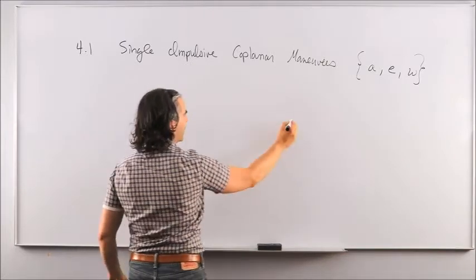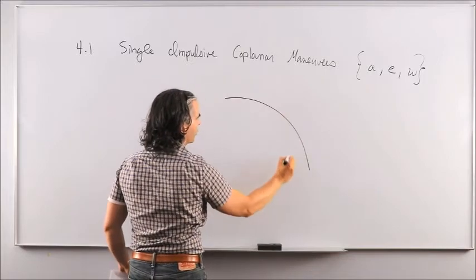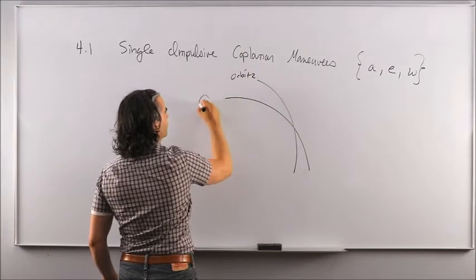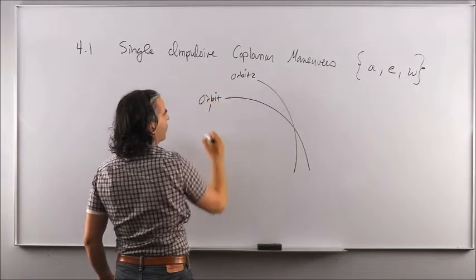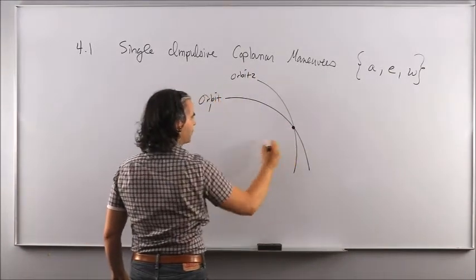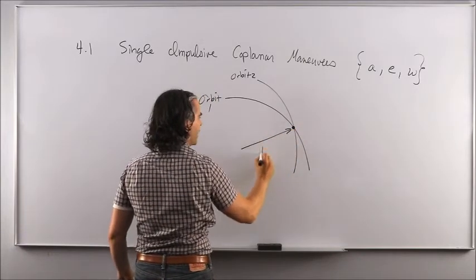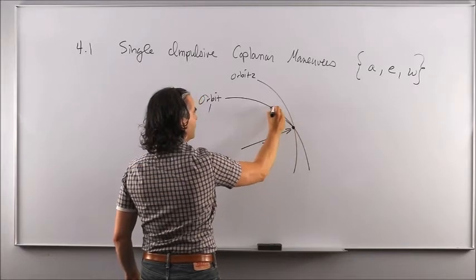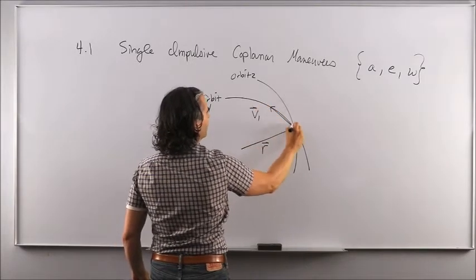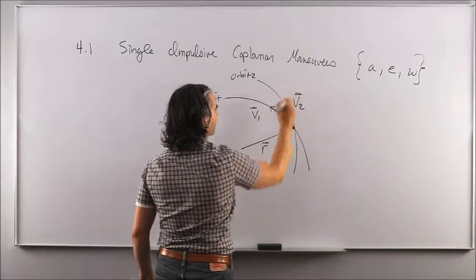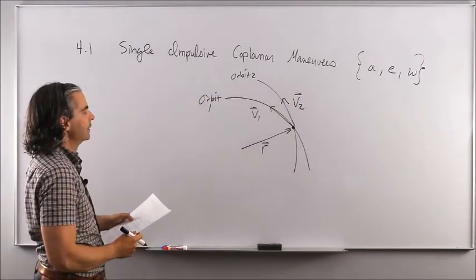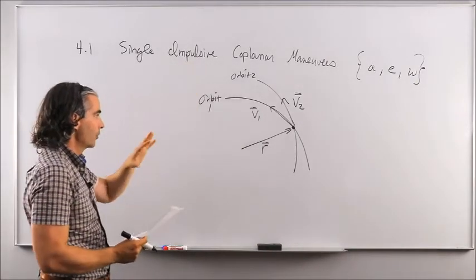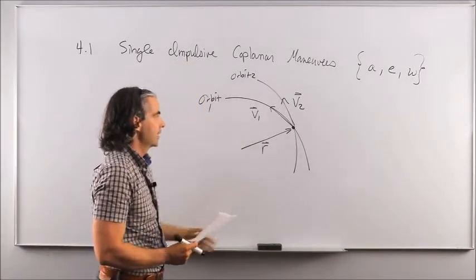So if you have one arc of an orbit and another arc, and this is the final orbit, orbit number 2, and orbit number 1 here, they need to intersect at one point such that the position vector is the same for both orbits, yet having two different velocity vectors. So this is the implication of using the impulsive assumption, that both orbits need to intersect at one point.